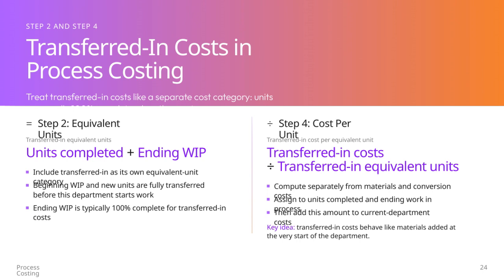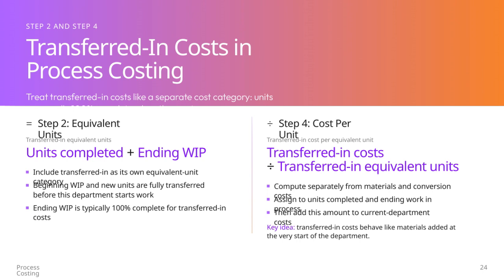Typically, the units still in ending work in process are considered 100% complete with respect to transferred-in costs, which simplifies our calculations. Moving to Step 4, we calculate the cost per equivalent unit for transferred-in costs by dividing the total transferred-in costs by the transferred-in equivalent units. This calculation is done separately from the costs related to materials and conversion. Once we have the cost per unit, we assign it to both the units completed and the ending work in process.